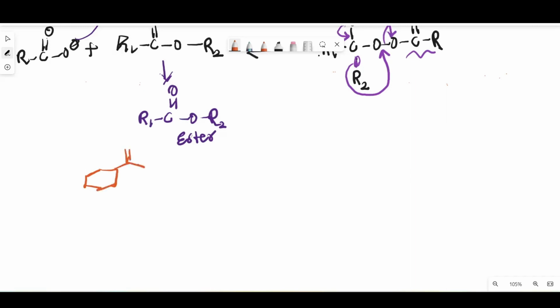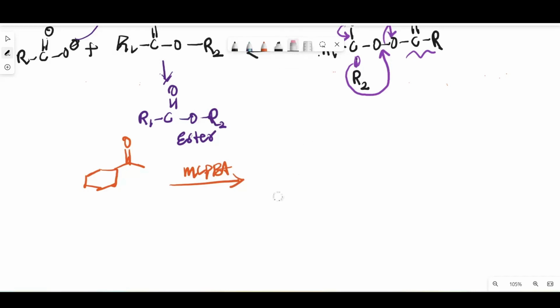Here we have mCPBA, metachloroperbenzoic acid. This is the basic reagent we should know. This is a peracid, majorly used in this reaction. So first I need to write the migratory order, then I'll explain this example.